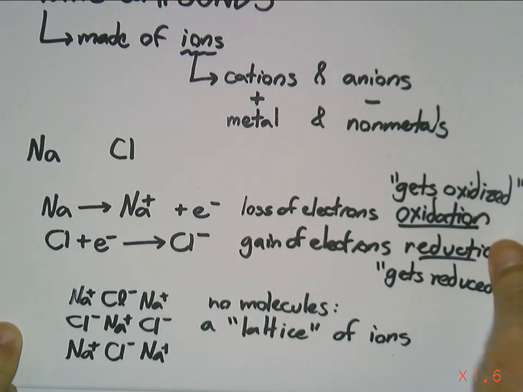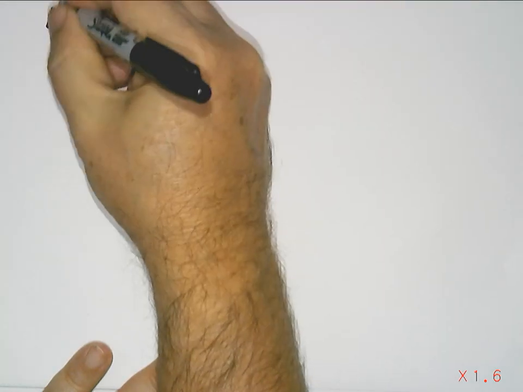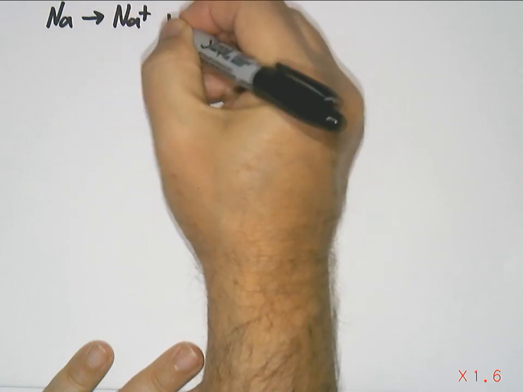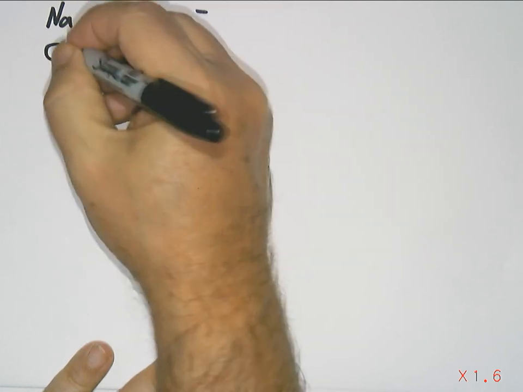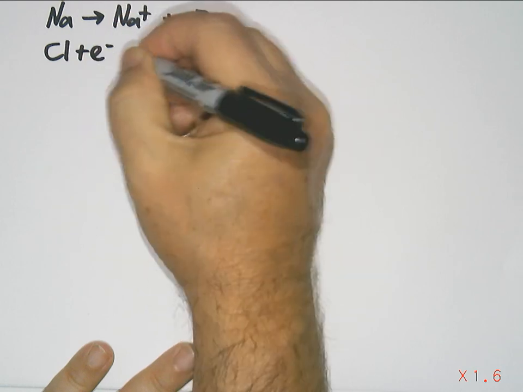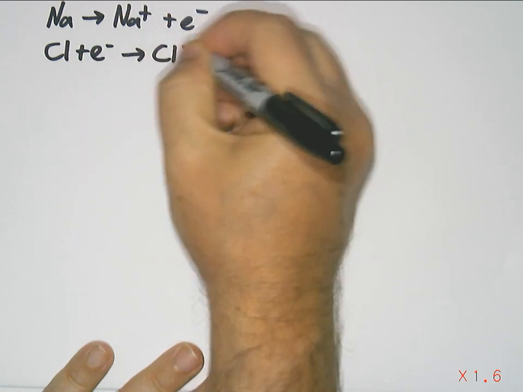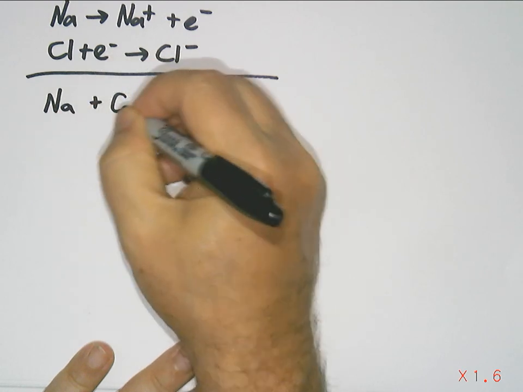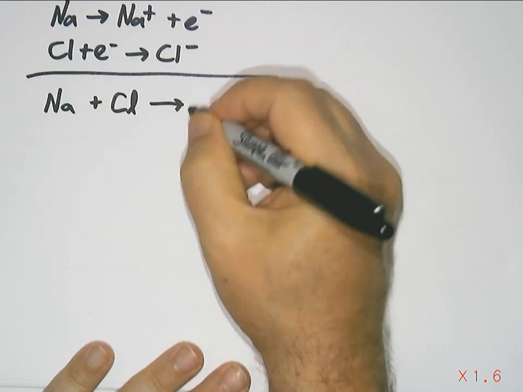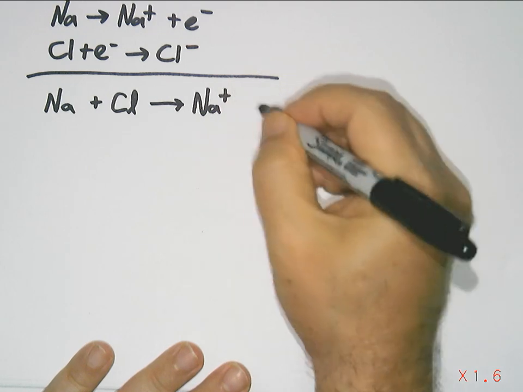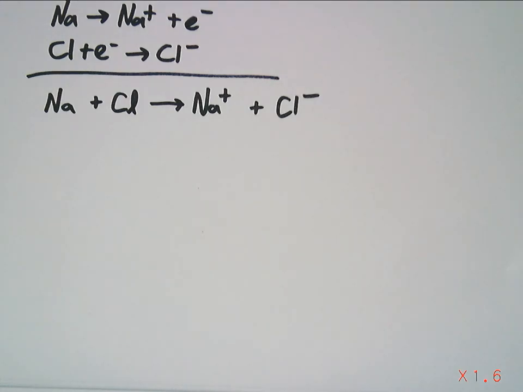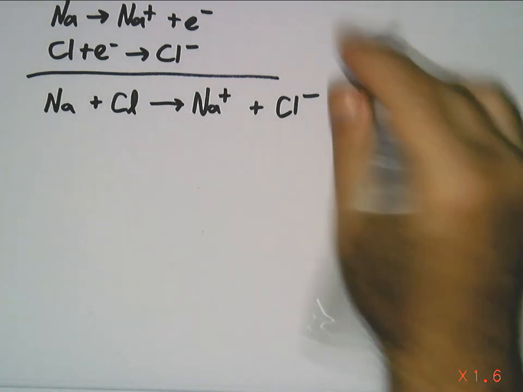So when you add these up, you will get sodium plus chlorine gives you Na+ Cl-, because we had this electron transfer between them.